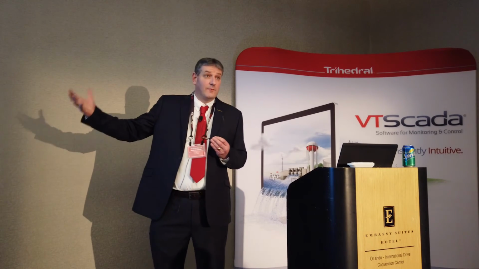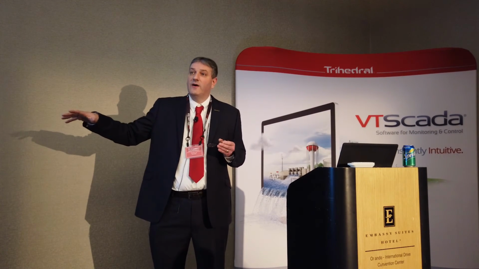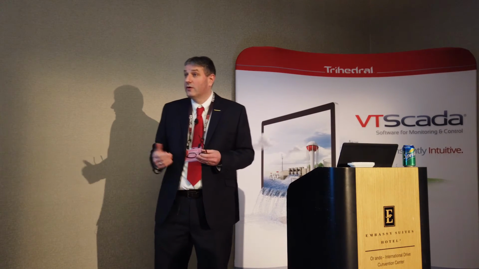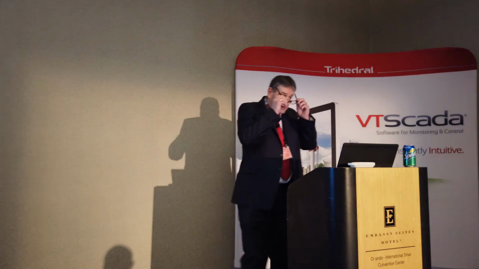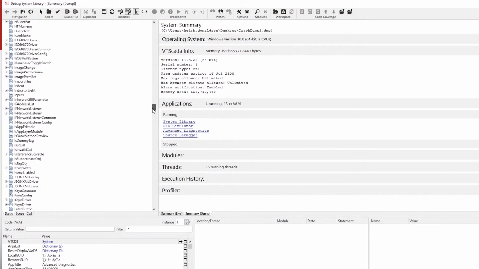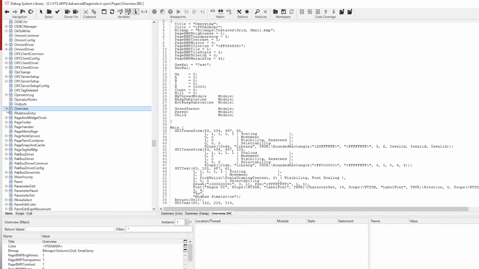So we can take these dump files. If the system does crash, we can load them in and see exactly what was going on at any one time. So I can navigate down to my page, what was called Overview. I just find it in the list here and click on that. And it shows me the source code for the page.